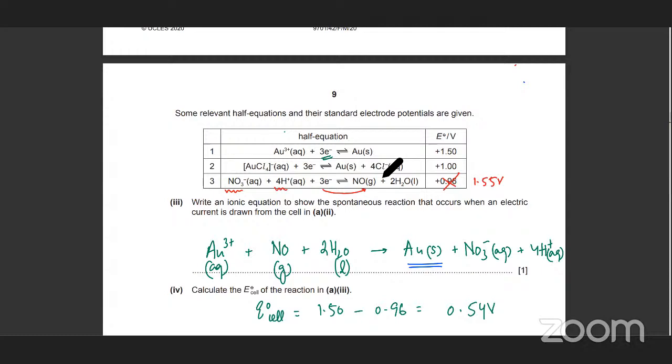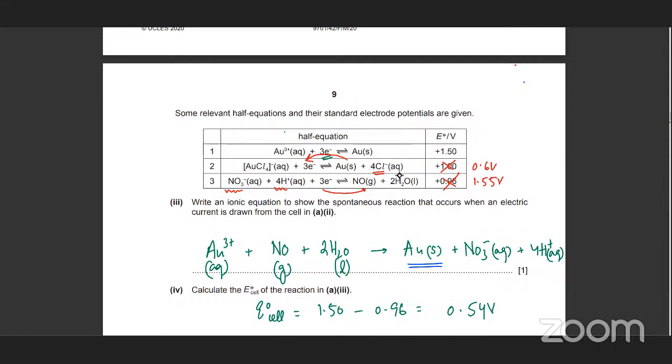If the Cl- concentration increases by a lot, the equilibrium would shift backwards. And because it shifts backwards, the potential would decrease. Let's say it decreases to 0.6 volts, just hypothetically speaking.